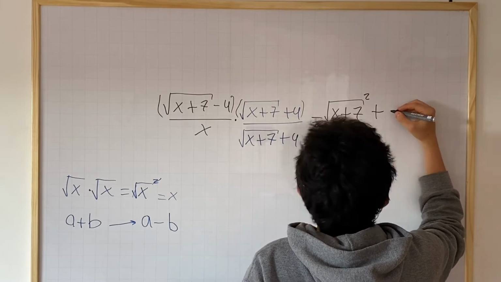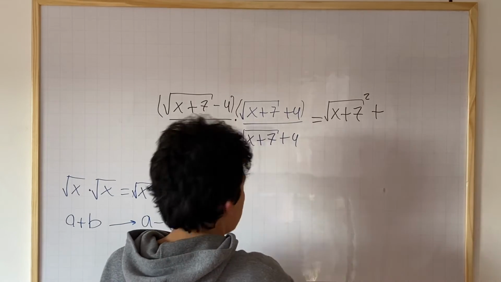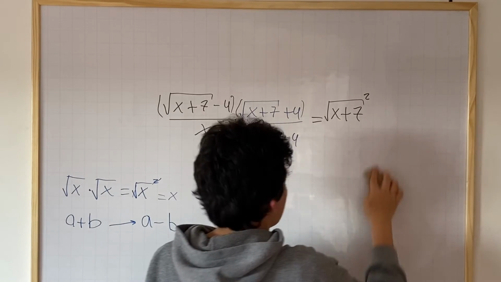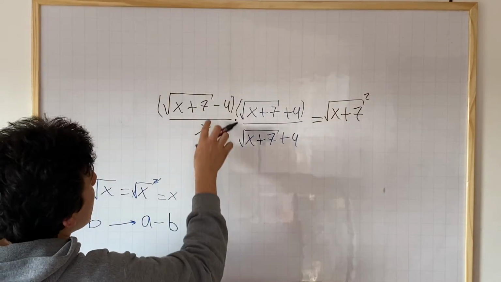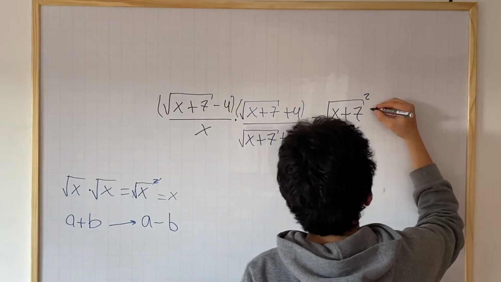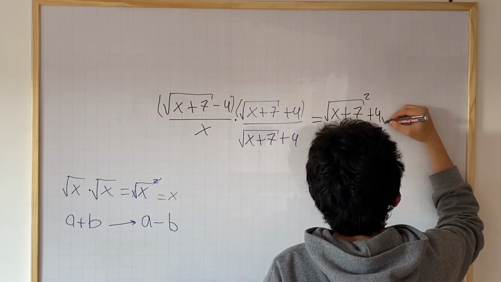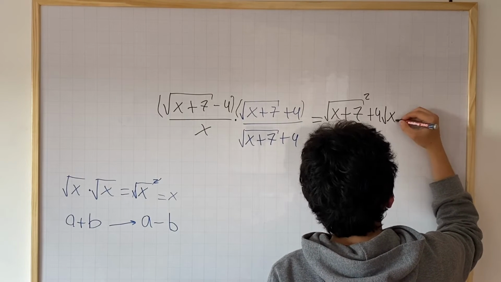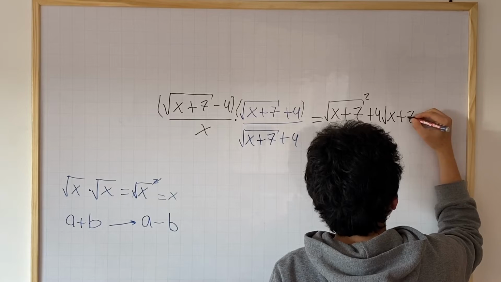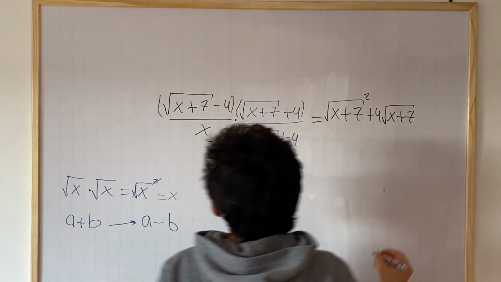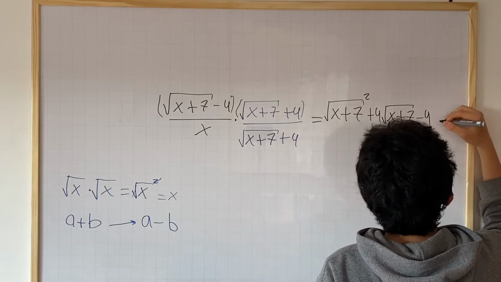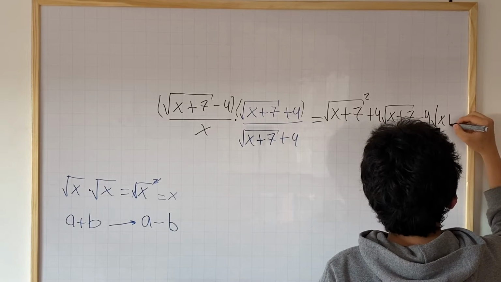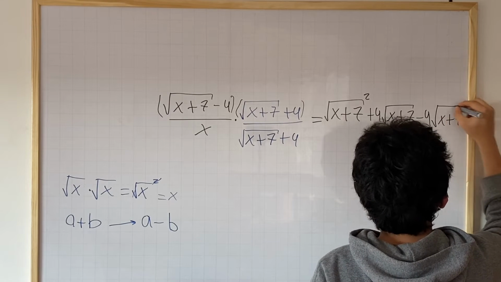This is our first term. Now let's keep FOILing. Now we would have plus 4 times the square root of that same expression, x plus 7. And now minus 4 times the same expression, x plus 7.